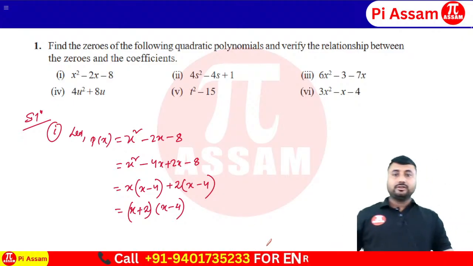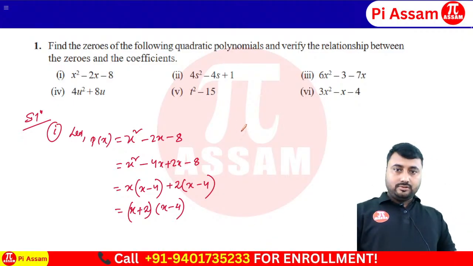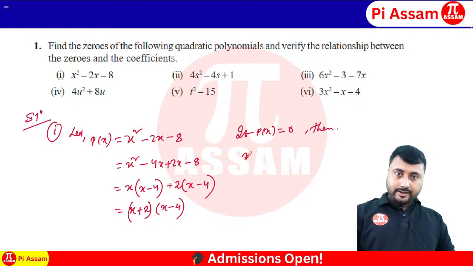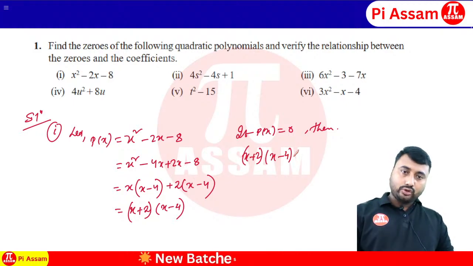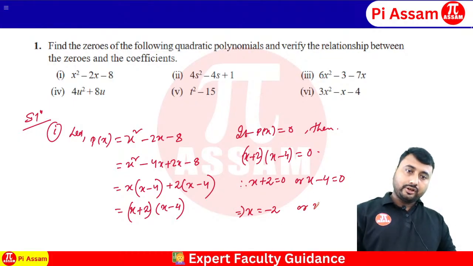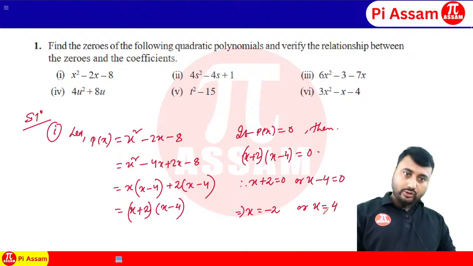So if p(x) is equal to 0, then we write x plus 2 whole into x minus 4 is equal to 0. Therefore x plus 2 is equal to 0 or x minus 4 equal to 0. Therefore x equal to minus 2 or x equal to 4.